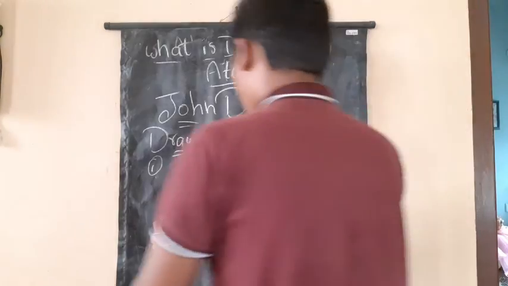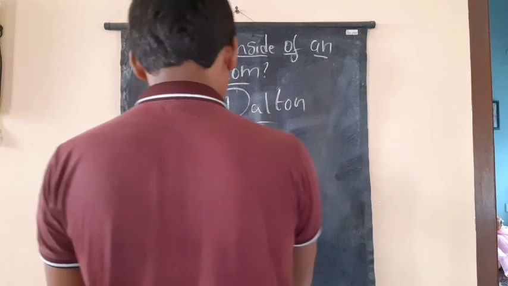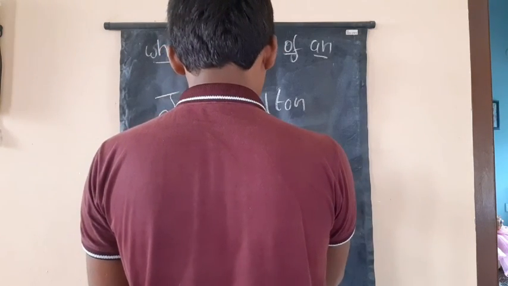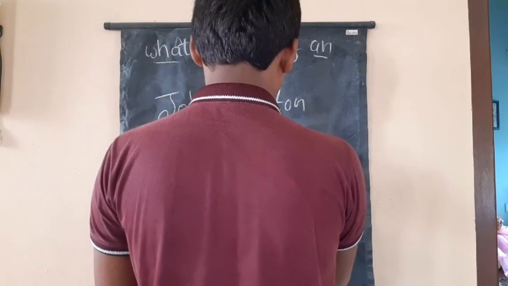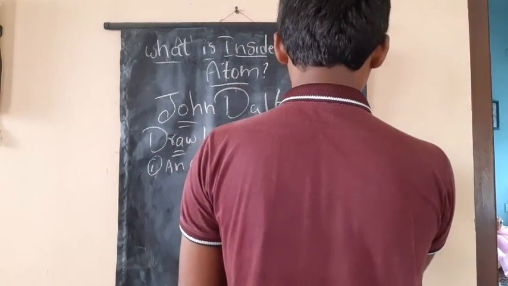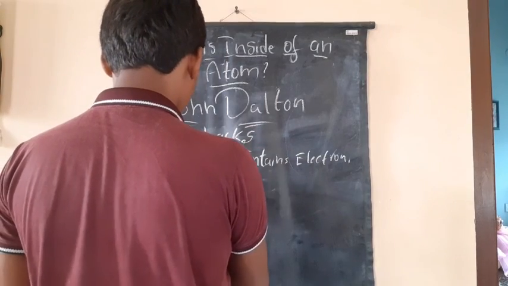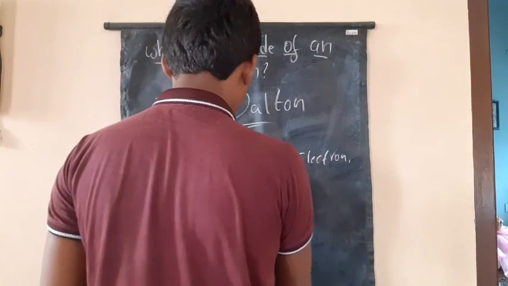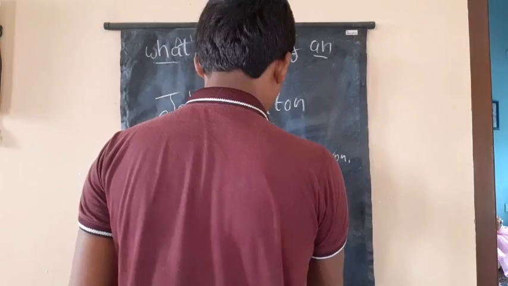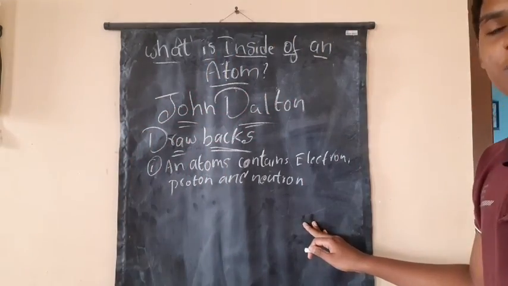An atom contains electron, proton and neutron. This is the first drawback we found in John Dalton's experiments.